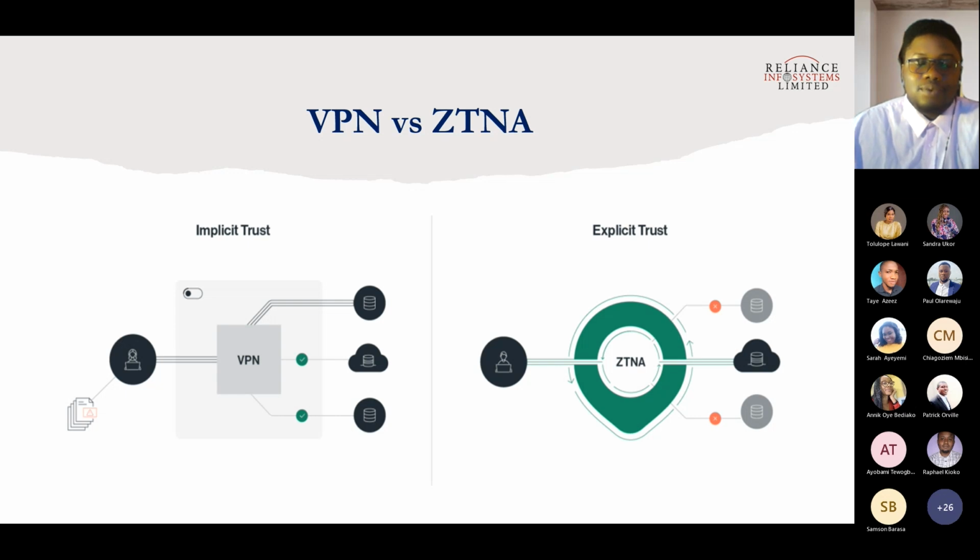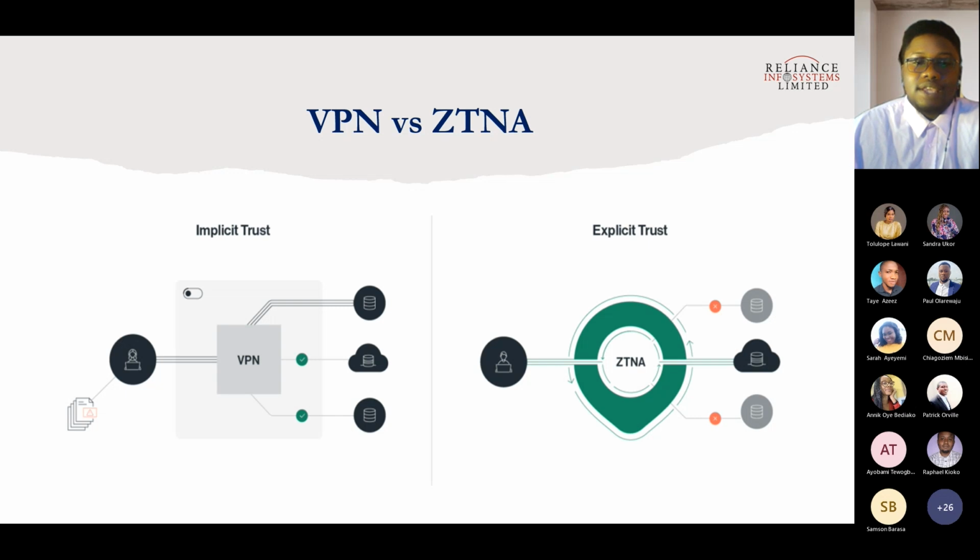So basically, with ZTNA, not only do you validate the user, you also validate the device that you're connecting with. You also validate the services that they'll be accessing. And at the same time, you also monitor or have proper visibility to all the activities that are being carried out by said individual or user as well. So with ZTNA, you can easily implement multi-factor authentication, whereby you don't just depend on username and password.